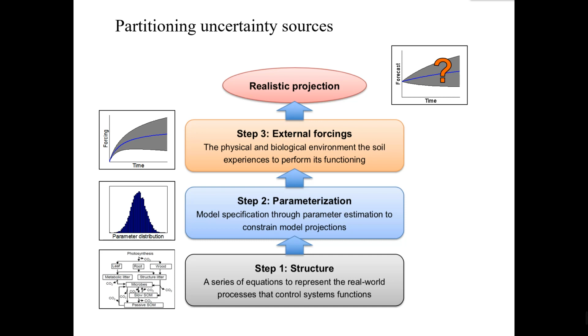Here we use the spruce data to investigate the relative contribution of forcing and parameter uncertainty in the forecasting of terrestrial carbon cycle.